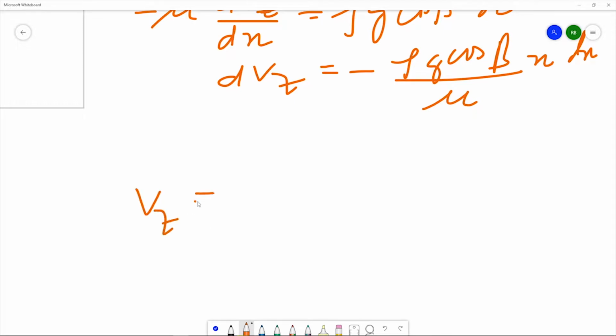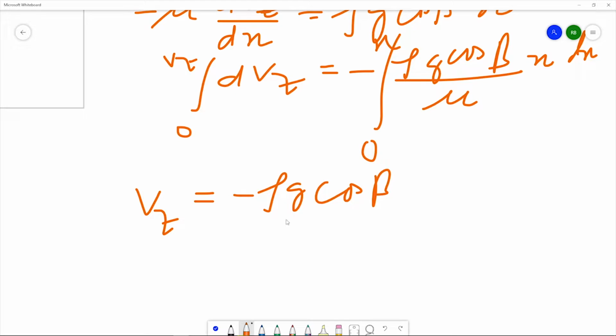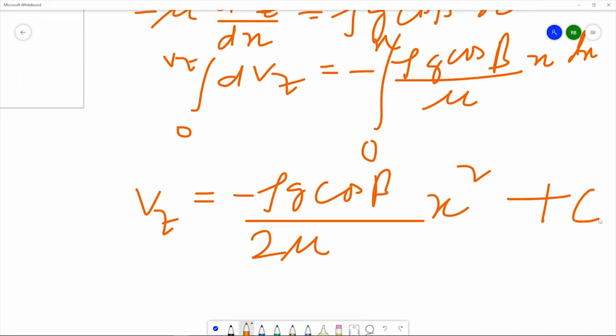You have to integrate from 0 to vz and definitely from 0 to x. You'll get vz equal to minus rho g cos beta by mu times x square by 2, plus the constant of integration.